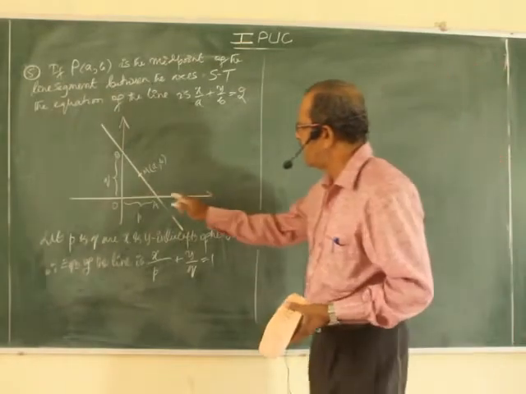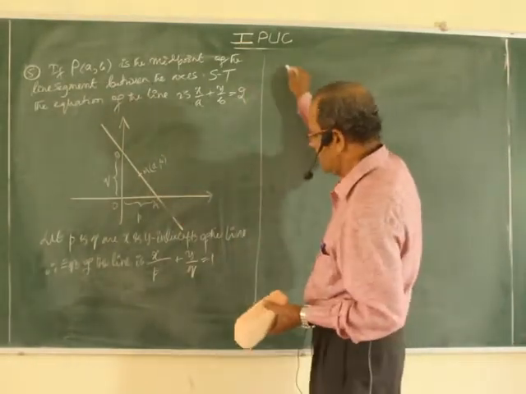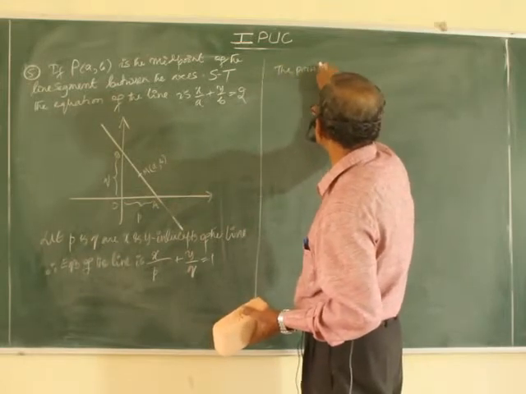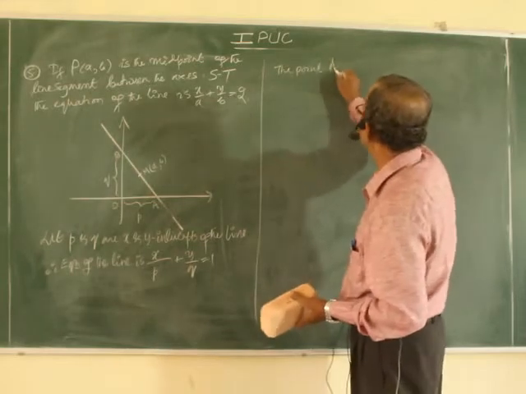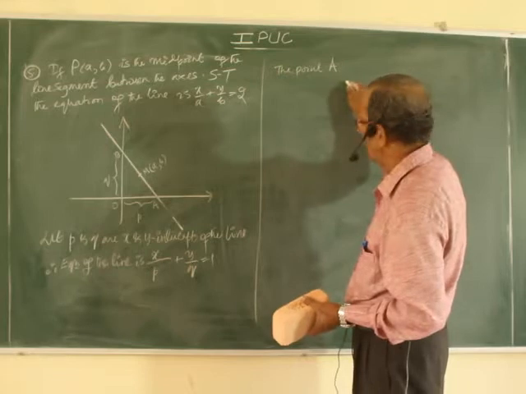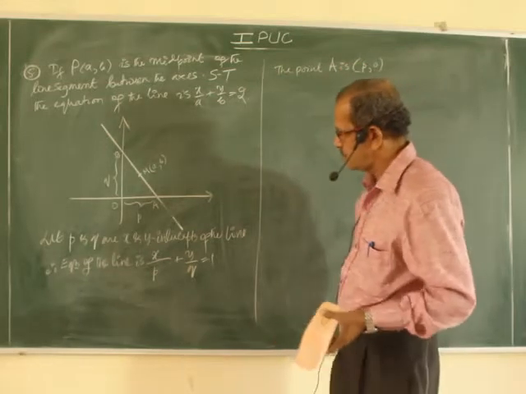Now, can you find the coordinates of A? Yes. The point A is P, 0.